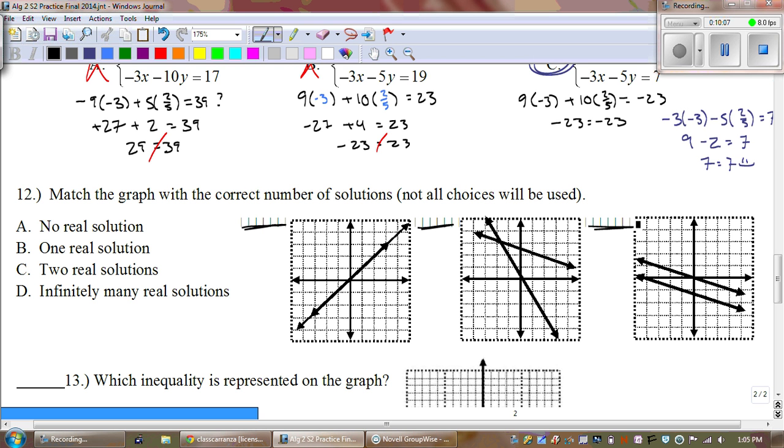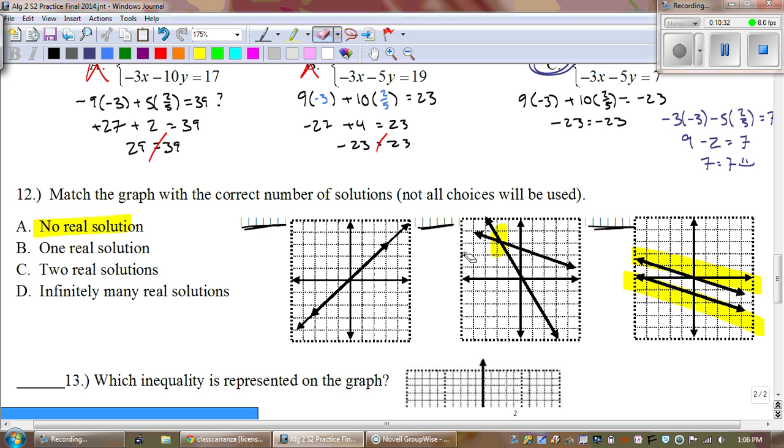I knew it looked a little funny. All right, so I'm going to start with no real solution. Do any of those graphs show no real solution? Well, I know that our middle one has a solution because they meet. But it's either when the lines are on top of each other or the lines don't touch. I don't know which one.